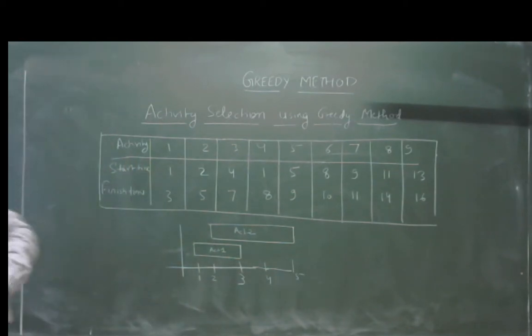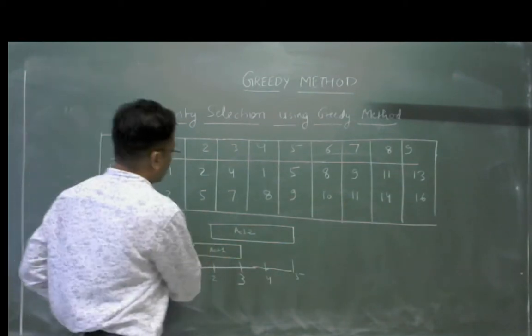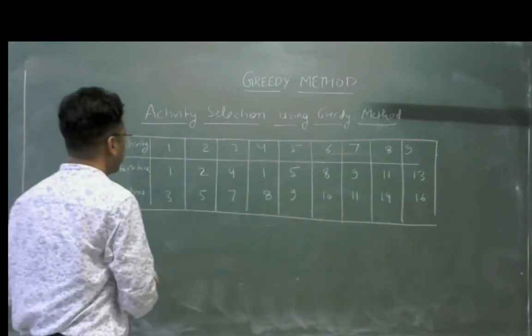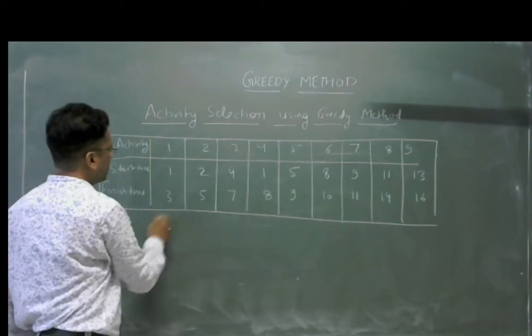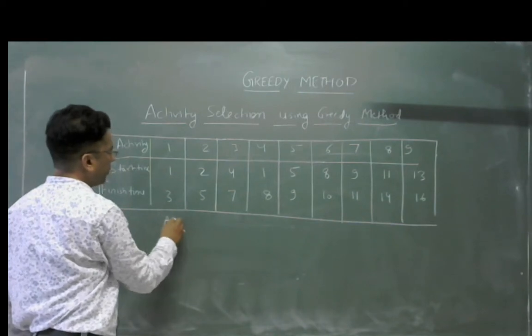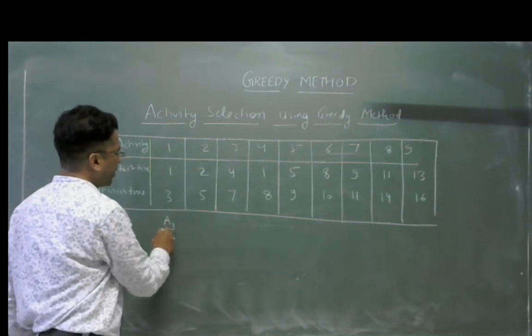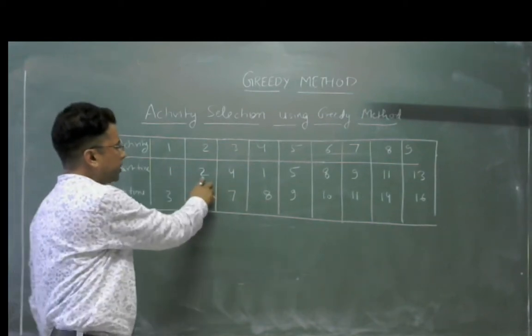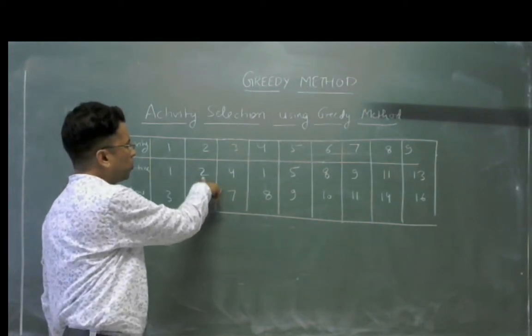So here in this diagram, suppose I have selected activity 1, meaning A1, which I am representing by A1. If I have selected activity 1, then I cannot select activity 2 because its start time is 2.